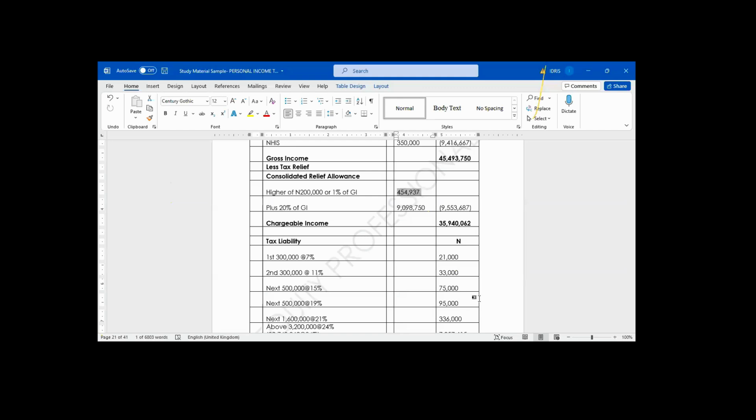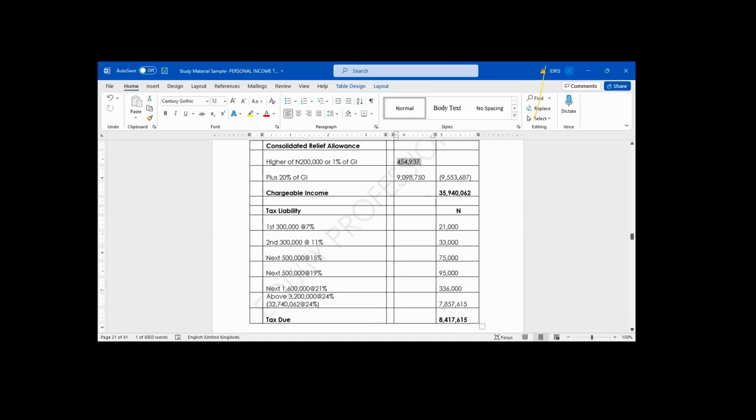Next 500,000 at 15% gives 75,000. Next 500,000 at 19% gives 95,000. Next 1.6 million at 21% gives 336,000.